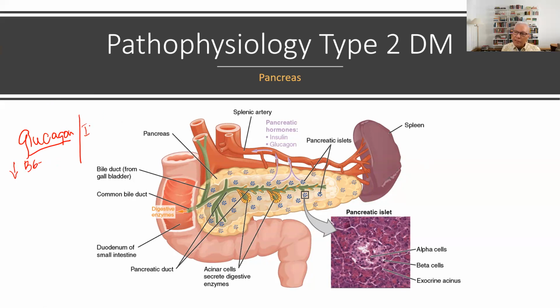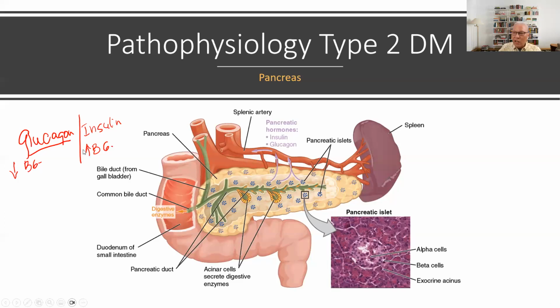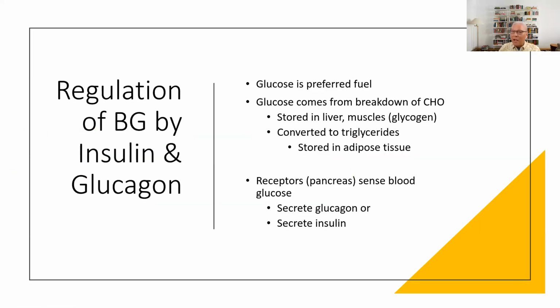On the other hand, insulin is a counterbalancing hormone. Whenever there is an elevation of blood glucose, insulin is going to be stimulated to be released. So these are the two important endocrine functions of your pancreas.